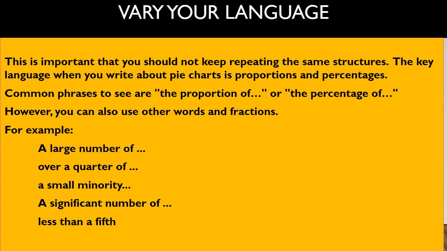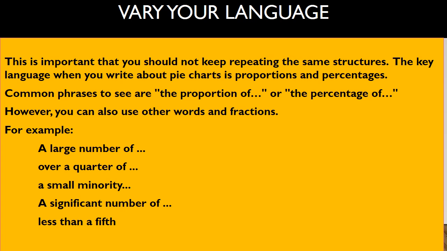Now students, this is very important that you should not keep repeating the same structures. The key language when you write about pie charts is proportions and percentages. So common phrases to see are the proportion of or the percentage of.